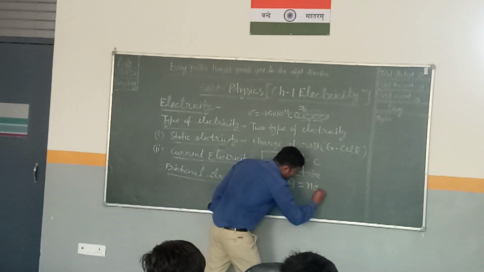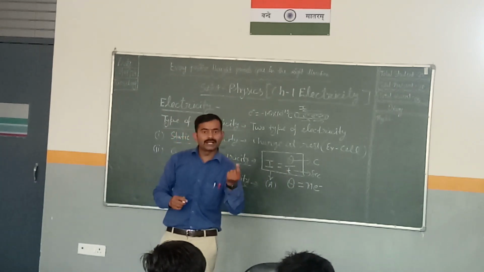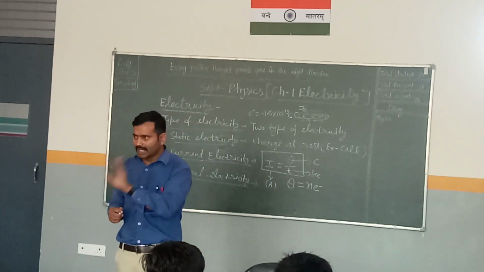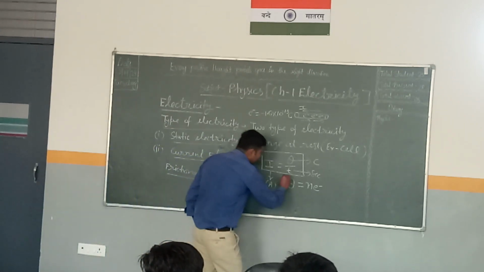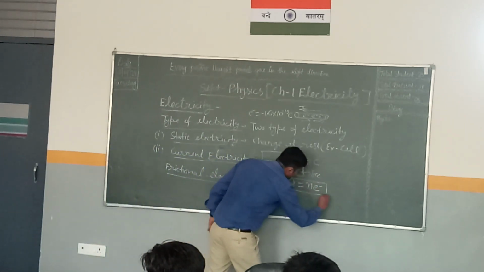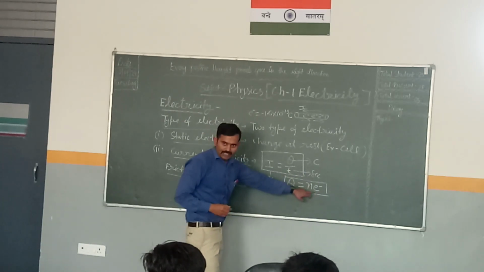N into E. What is N? Number of electrons. What is E? Charge of one electron. Q is equal to N into E, where N is the number of electrons and E is the charge of one electron.